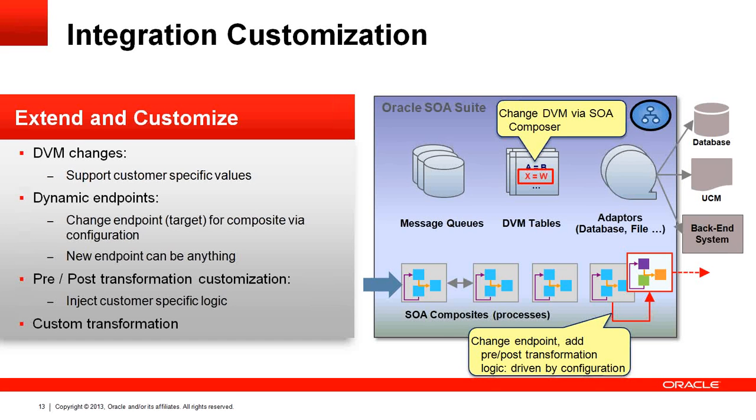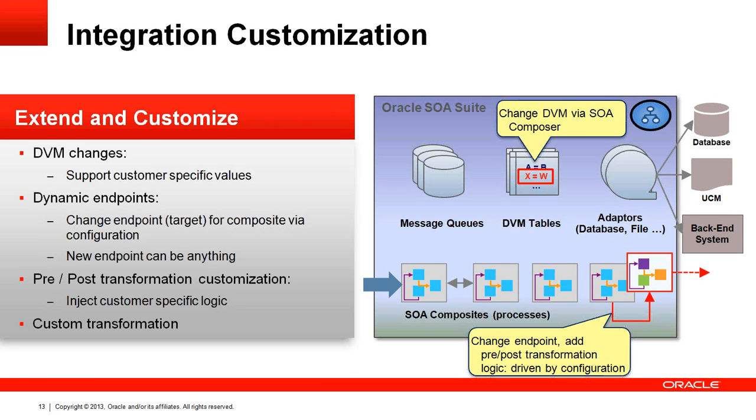First of all, you obviously have control on the DVM tables. So you can decide how to translate values for specific fields that need translation in the website, how to translate them to backend system values, and vice versa.